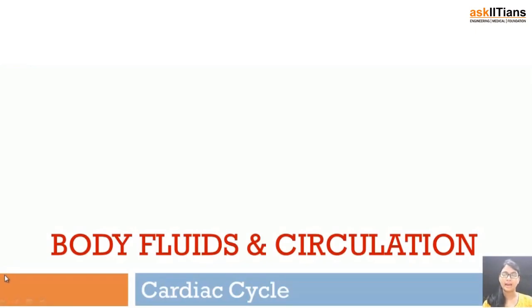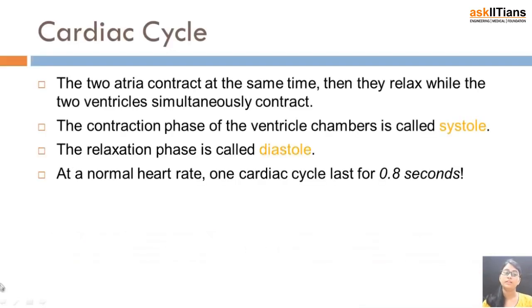Body fluids and circulation. Now we are going to study the cardiac cycle. What is the cardiac cycle? The two atria contract at the same time and then they relax while the two ventricles simultaneously contract. This complete cycle is known as the cardiac cycle.